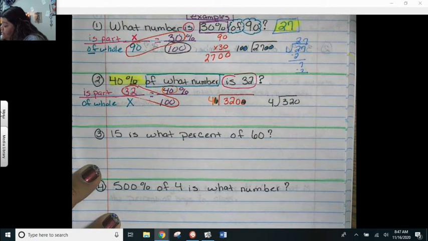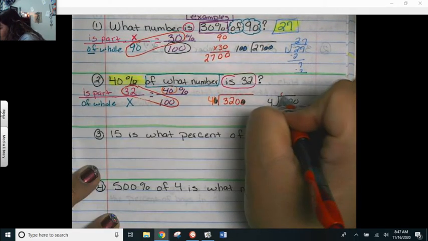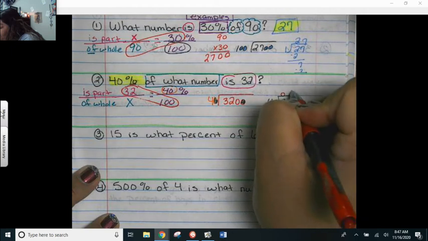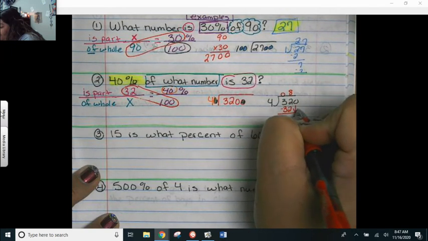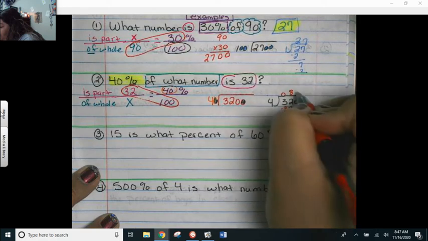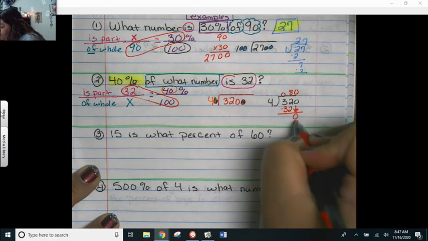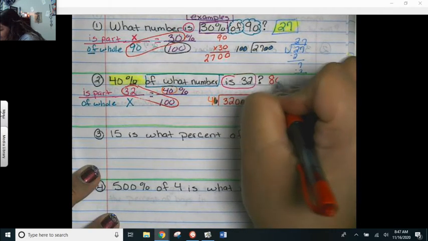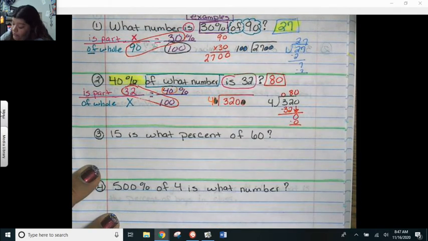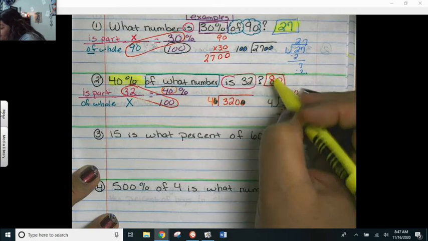So 4 goes into 3, 0 times. 4 goes into 32, 8 times. Now don't forget that 0, that is part of the whole number, so 4 goes into 0, 0 times. So 40% of 80 is 32, okay?